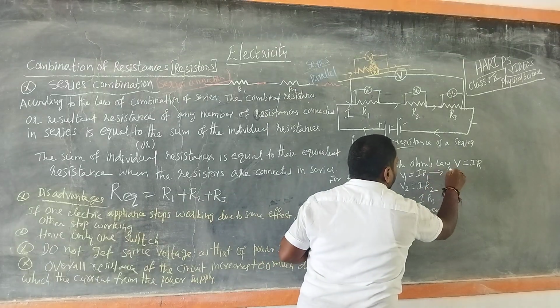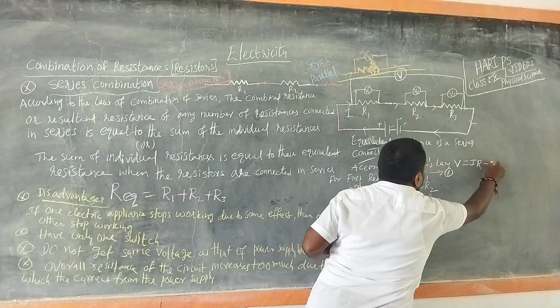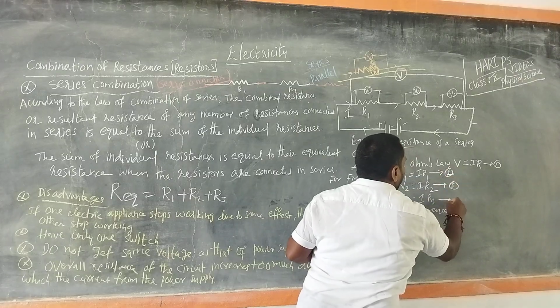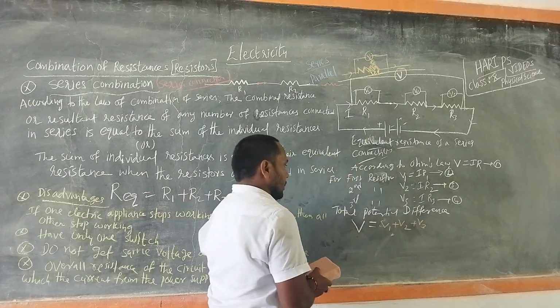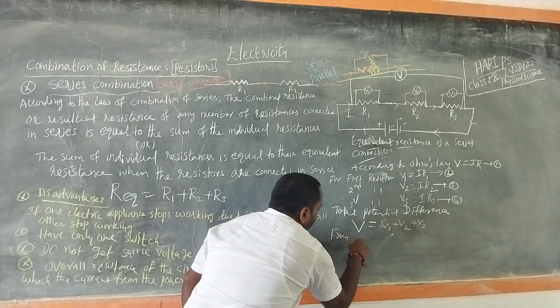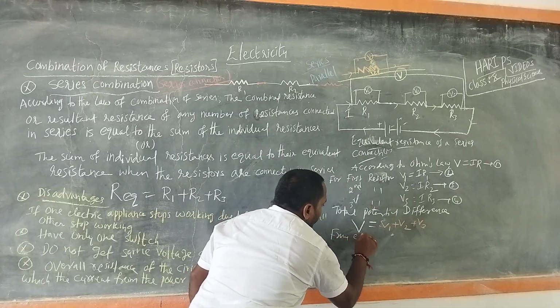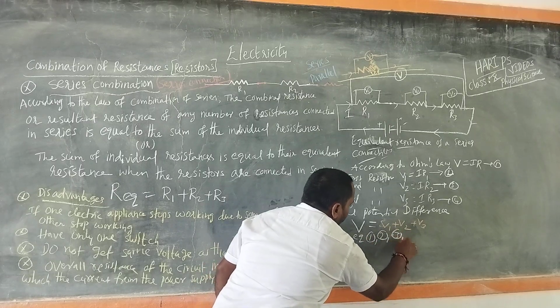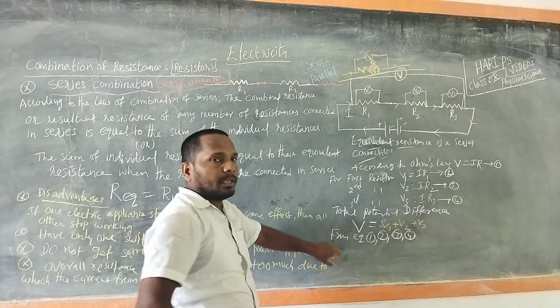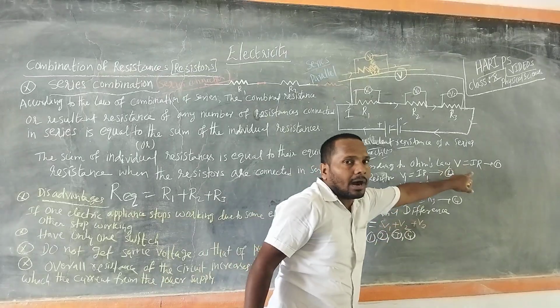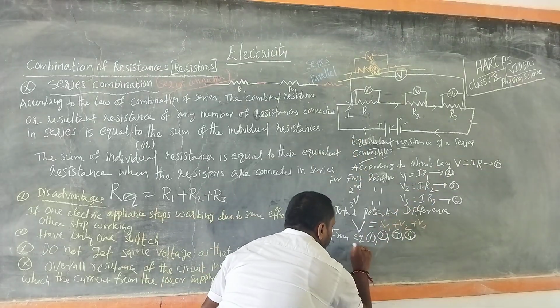So for example, this is equation 1, equation 2, equation 3 and this is equation 4. So from equations 1, 2, 3, 4, V is equal to IR.